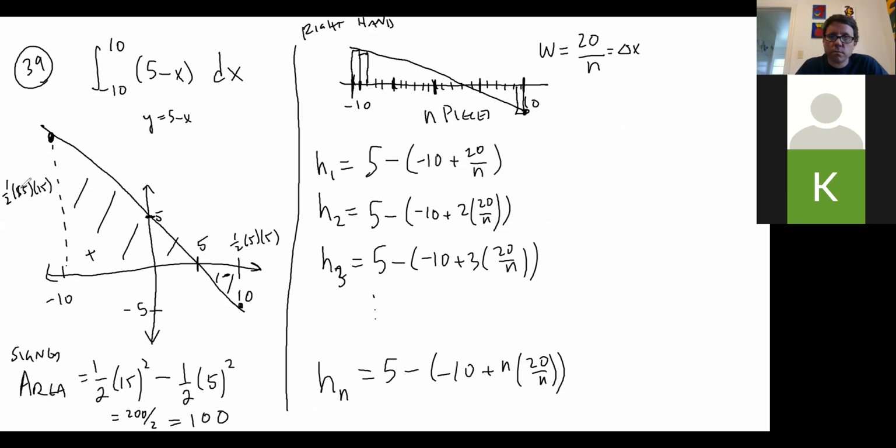On the big triangle, it was 1/2 times 15 by 15. Then I just combined the 15s into 15 squared. So 1/2 times 15 squared minus 1/2 times 5 squared.